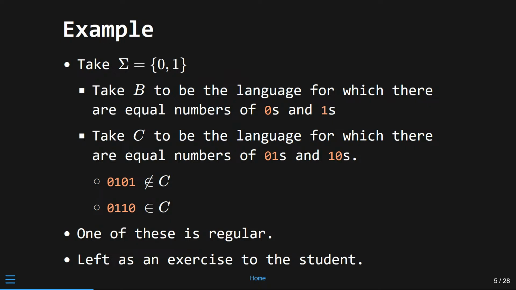Okay. 0, 1, 0, 1. Oh, so these are strings, right? These are not. This is not a language. The languages here are B and C. A string cannot have the property of being regular, because regular is a property of a set of strings. Languages are regular. Strings are members of languages.